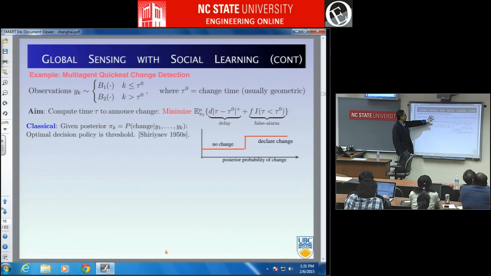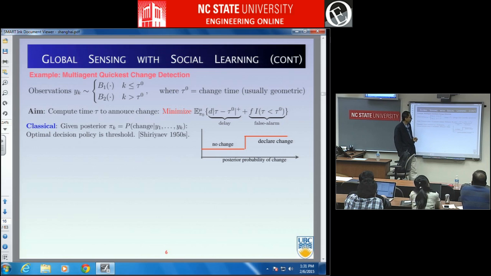The classical quickest change detection problem is a single agent problem. And it goes as follows. I have a bunch of observations. Until some random unknown time tau 0, the observations come from a distribution B1. After the random time tau 0, they have a distribution B2. So there's a change.